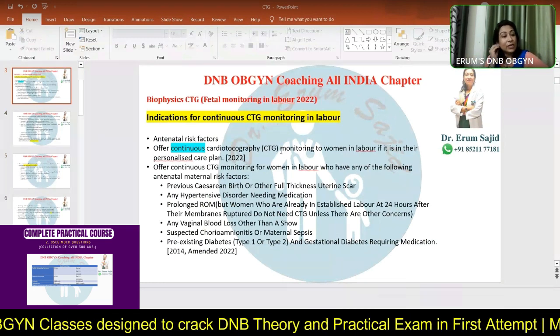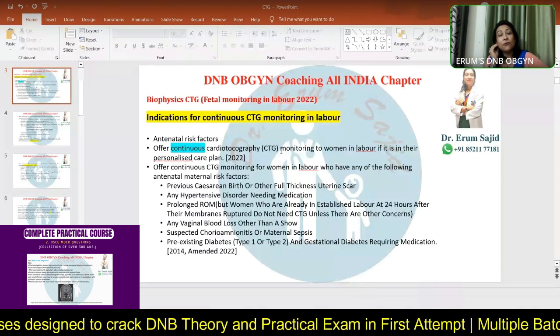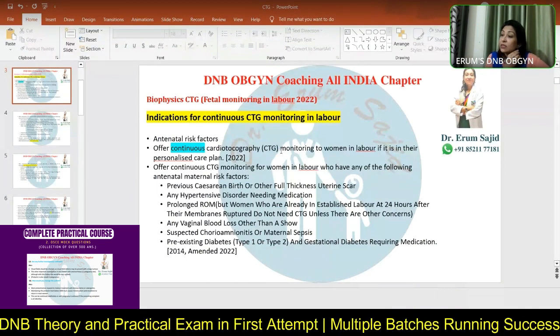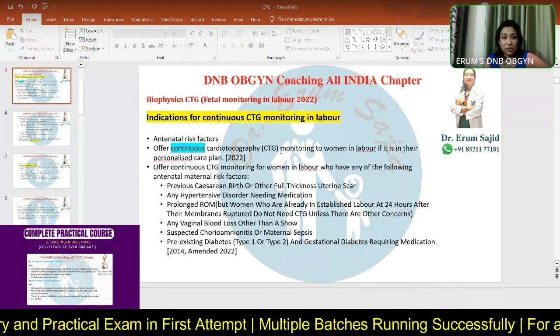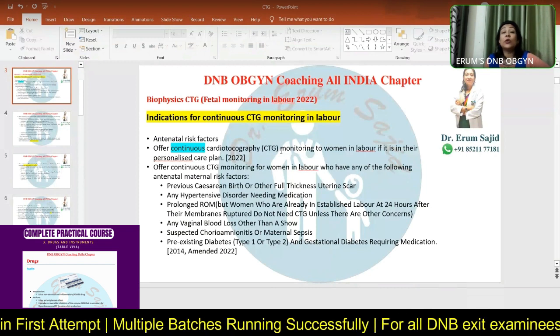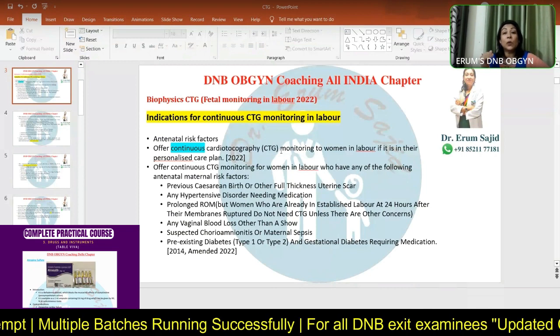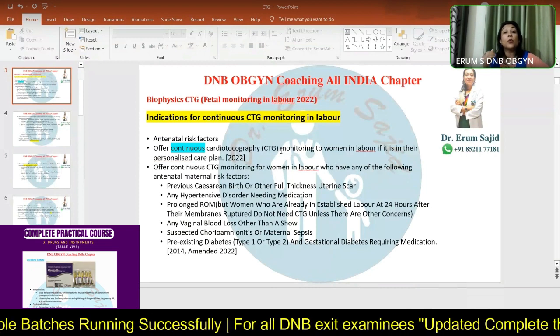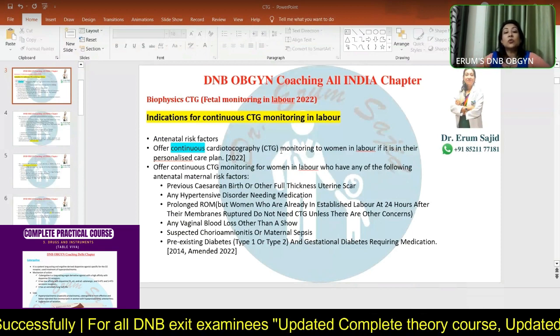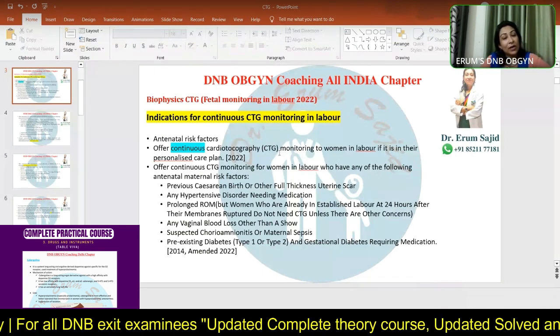Any condition which causes fetal compromise, in the sense that the fetus can go into distress for this patient, is going to be taken into account as a condition which will prompt you for continuous CTG monitoring in labor. Amongst which I'll quickly read through and you'll be able to understand it yourself.